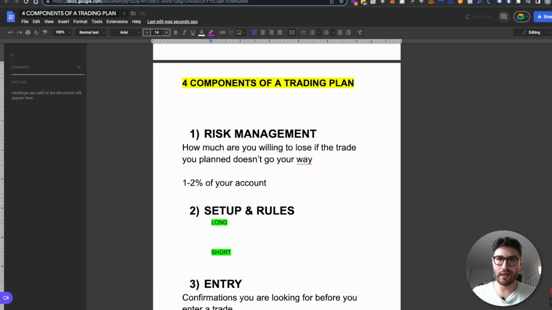So I'm just making an example right here in this trading plan. Let's say that you are trading supply and demand zones, okay?